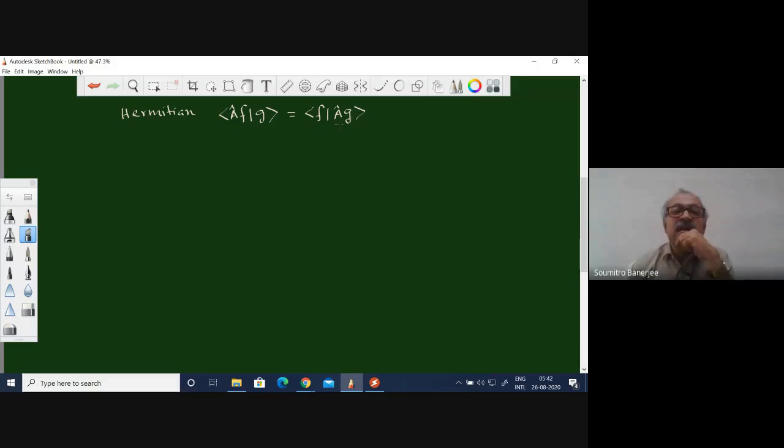We argued that any observable must have its expectation value a real number. That's where we started, and we arrived at this. But then there is also another important demand of quantum mechanics. While talking about the postulates, I said that you can ultimately observe only the eigenvalues of an operator.